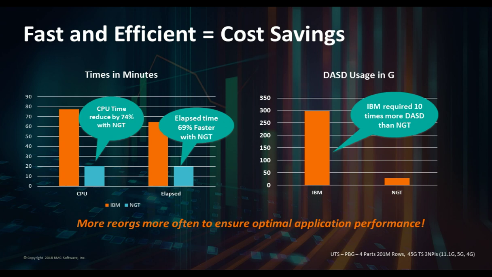I can now get reorgs done every single day as opposed to the weekend, especially if I'm giving you full availability at the same time. If I'm using less DASD, then I can get more done at the same time. So now all of a sudden you're transforming the way you can do utilities, when you can do utilities, and that transfers to now I can actually optimize my system and bring down my cost.